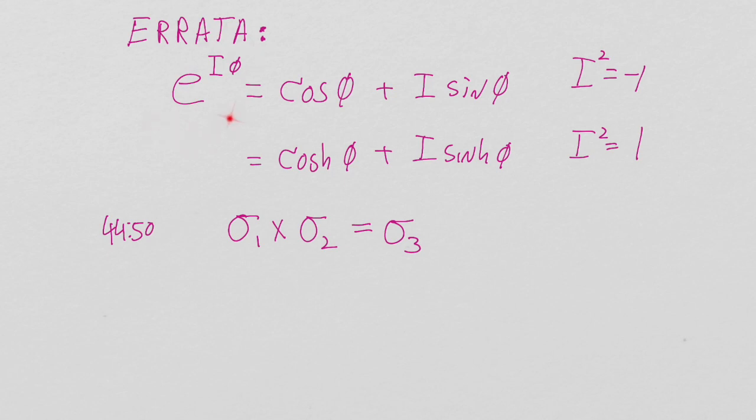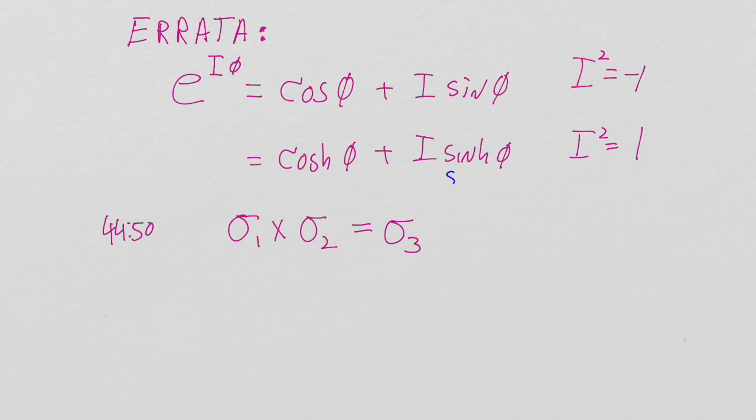Early in the last lesson, I did a little foreshadowing, and I wrote down Euler's expression. The expression is cosine phi plus I sine phi when I squared is -1. There is a circumstance where the pseudoscalar is actually equal to 1, in which case it's hyperbolic cosine phi plus I times the hyperbolic sine of phi.